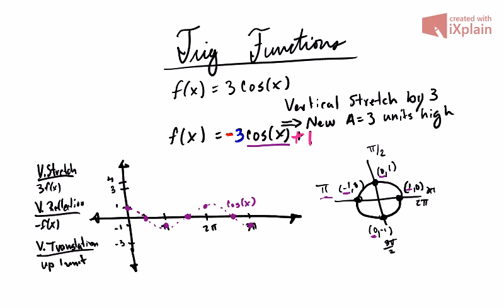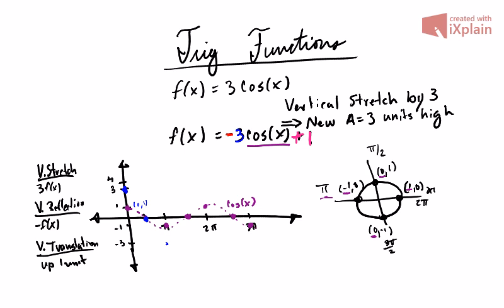Now I'm going to multiply everything by 3. So the blue function is going to take all of these values and multiply them by 3. I'm going to look at the y value only, because the y value is my output. 3 times 1 is 3. 0 times 3, still 0.